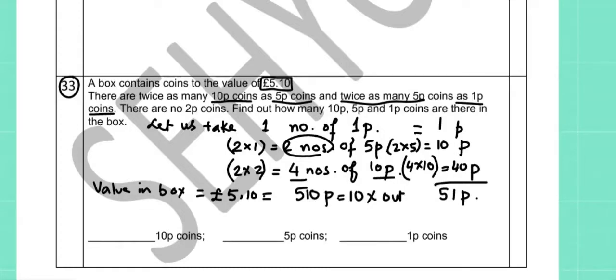Since our total, that is 51 pence, multiplied by 10 gives us the total value that the box contains, the number of coins of each type will also be exactly 10 times. So, we took one quantity of 1 pence. So, 10 times is 10 1 pence coins.